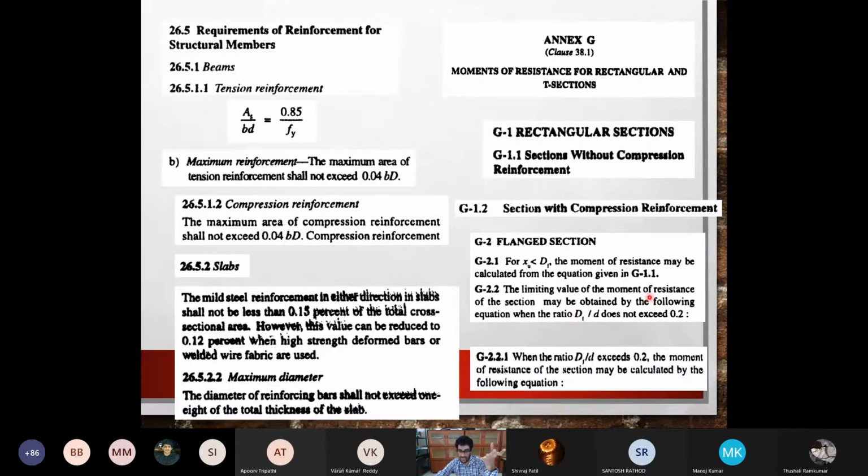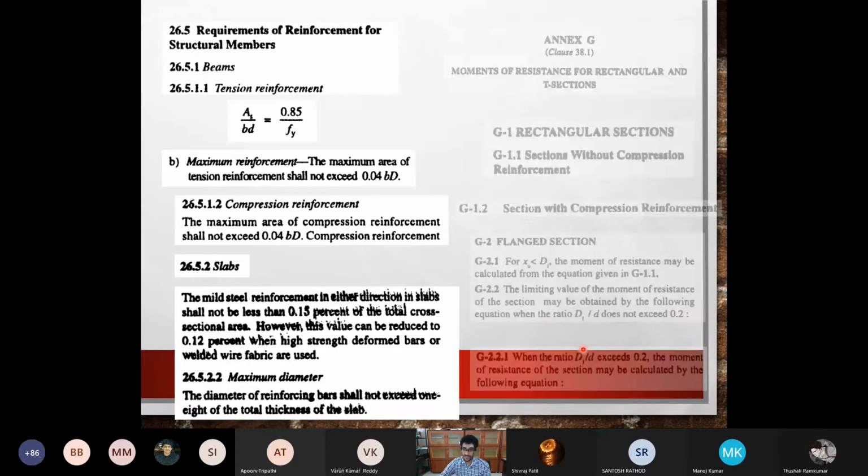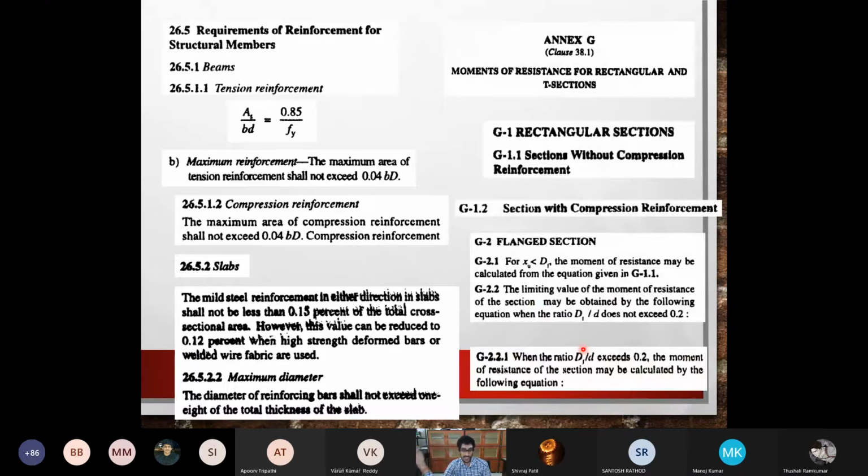Because we want to keep a balanced section, under reinforced section, in such a case, you can actually just check df by d instead of checking df by xu, which was shown over the df greater than 3 by 7 xu, or df is between xu and 3 by 7 xu.